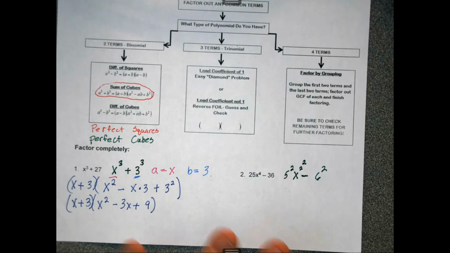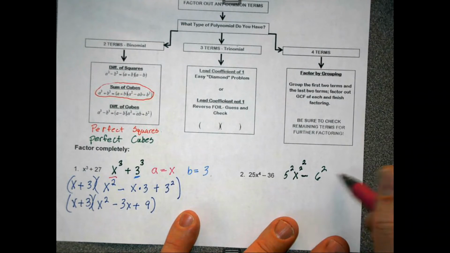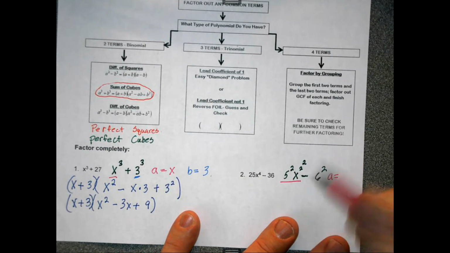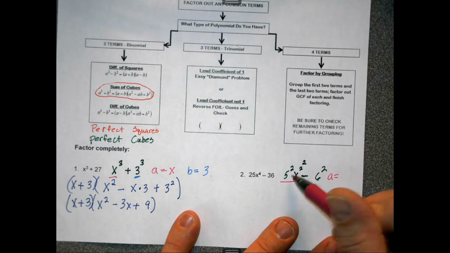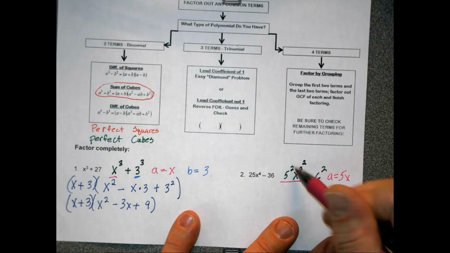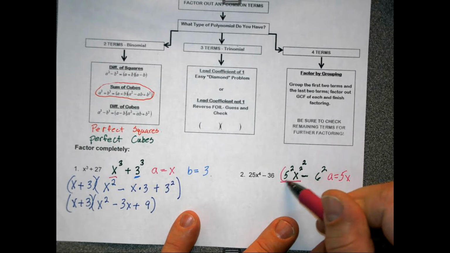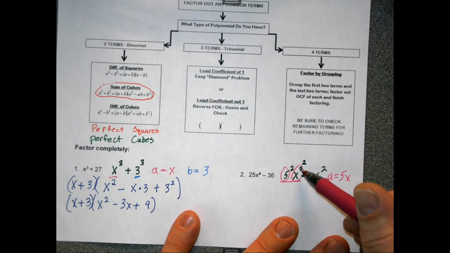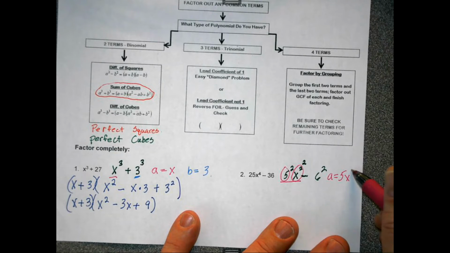Okay, let's define our a. What's my base here? Close, 5x, but don't forget, this is my base, and this is my base. That's what's being squared. So it's 5 x squared.